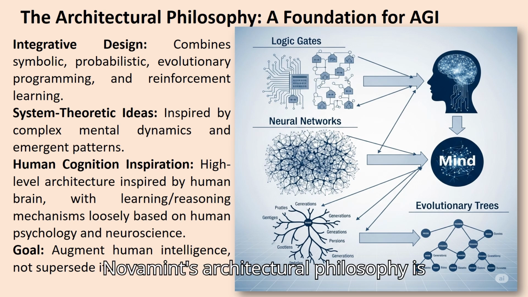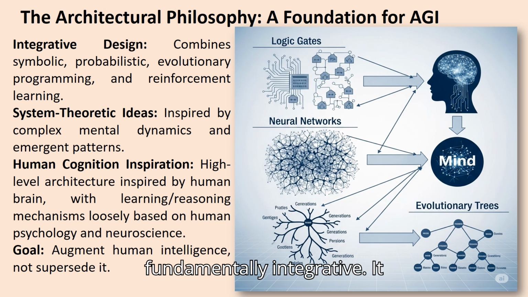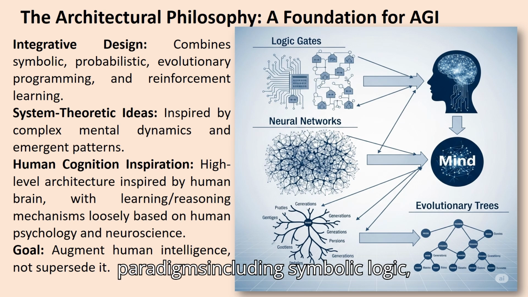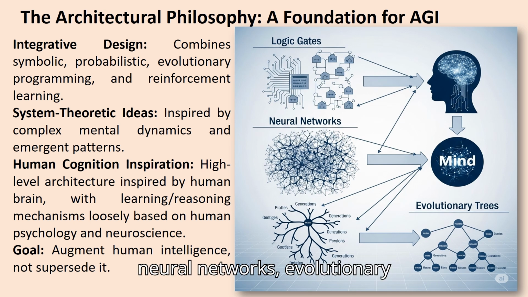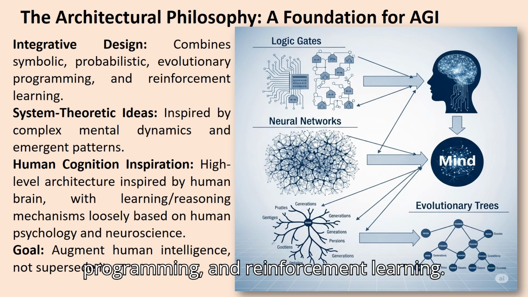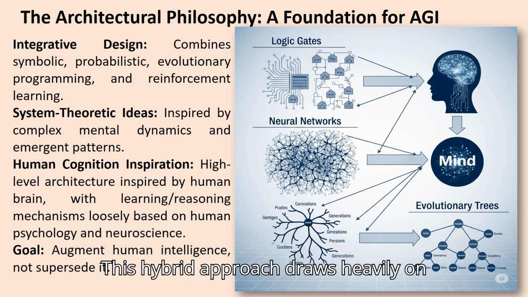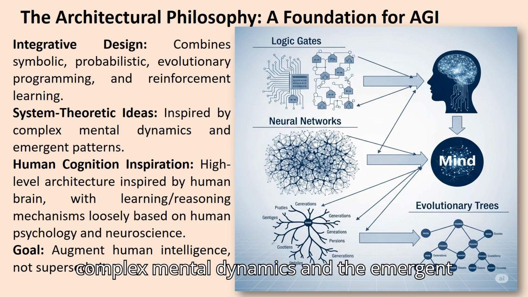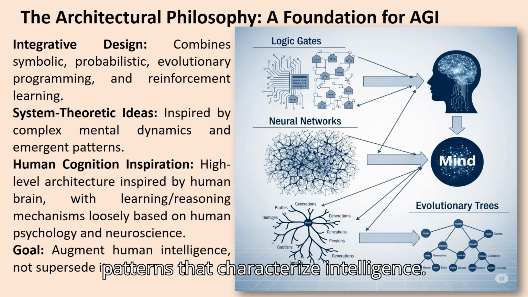AGI. Novamente's architectural philosophy is fundamentally integrative. It synthesizes aspects from diverse AI paradigms, including symbolic logic, neural networks, evolutionary programming, and reinforcement learning. This hybrid approach draws heavily on system-theoretic ideas, aiming to model complex mental dynamics and the emergent patterns that characterize intelligence.